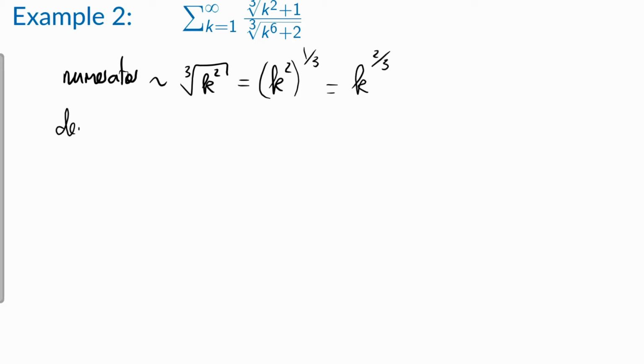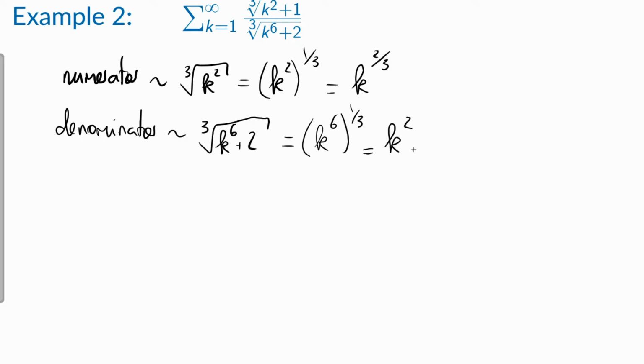Okay, and the denominator is going to behave like the cube root of k to the 6th plus 2. The key feature of that is this k to the 6th that we take a cube root of. So that's just going to give us k squared. So the whole expression is roughly like k to the 2/3 over k squared.